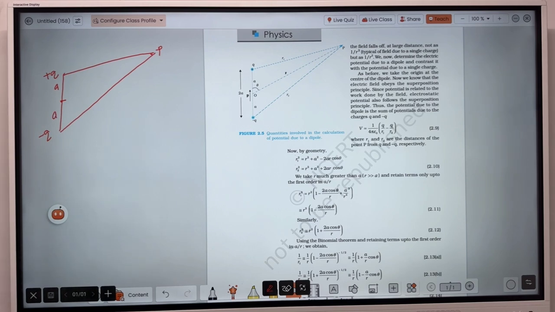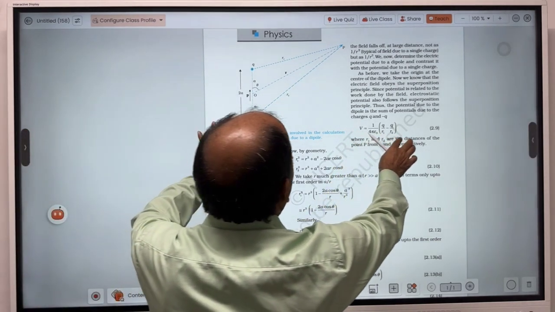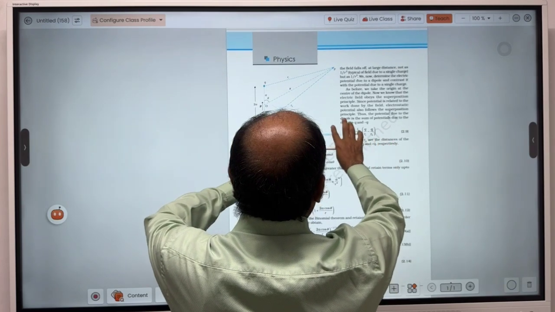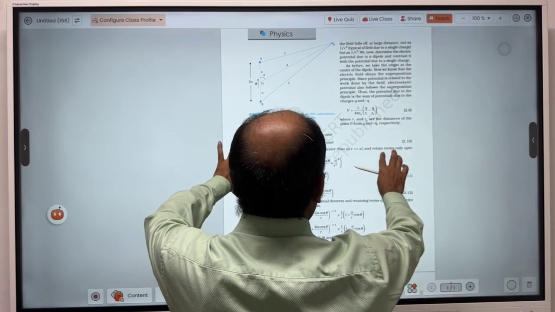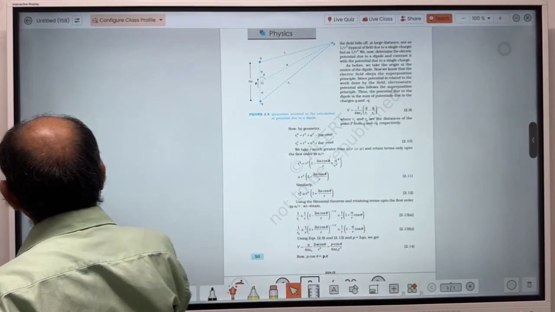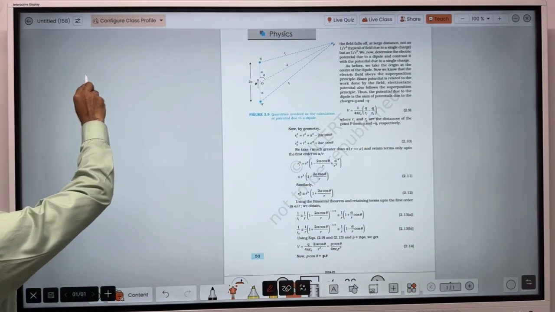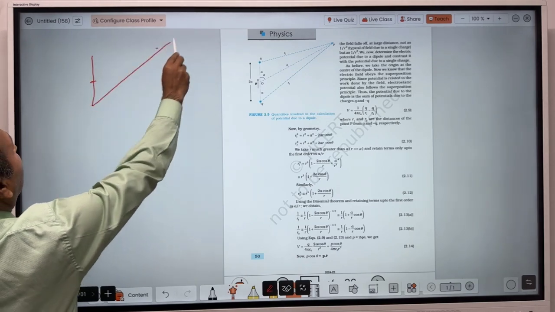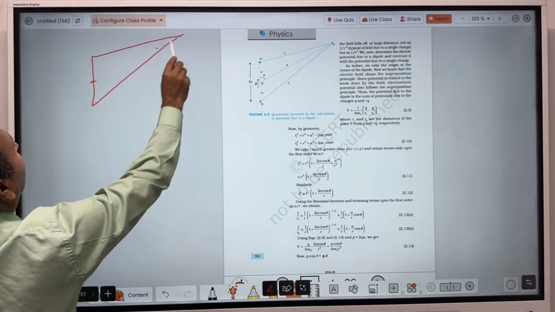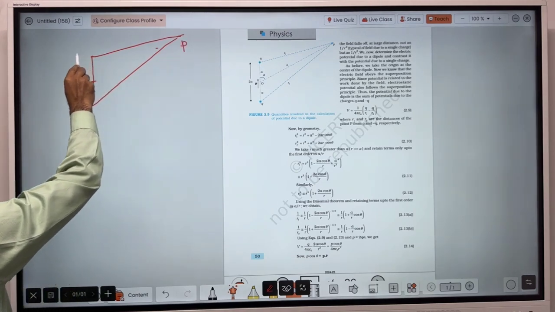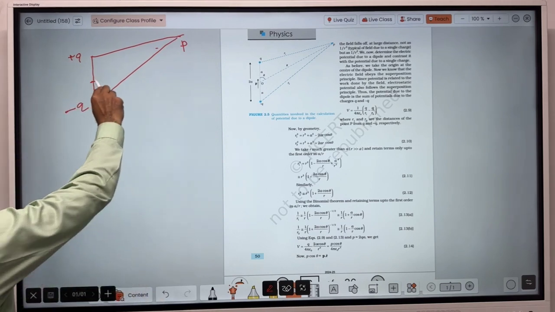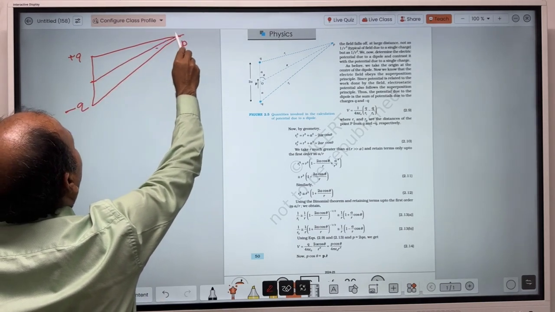As you have seen, this is the dipole, this is the midpoint. From here the point is somewhere here. This point we have joined, this is point P, and this is plus q, and this is minus q. And from the midpoint also you have to join this point.